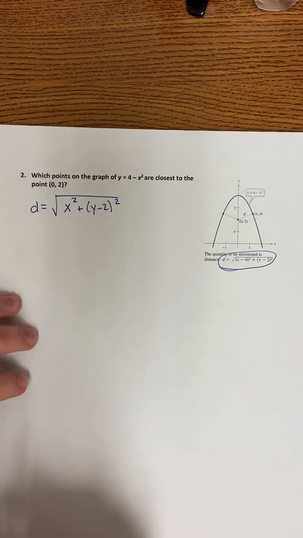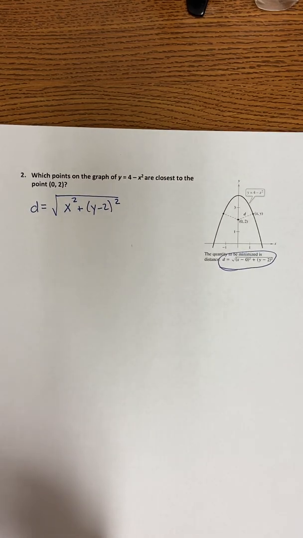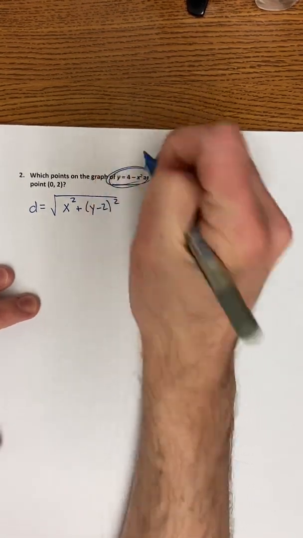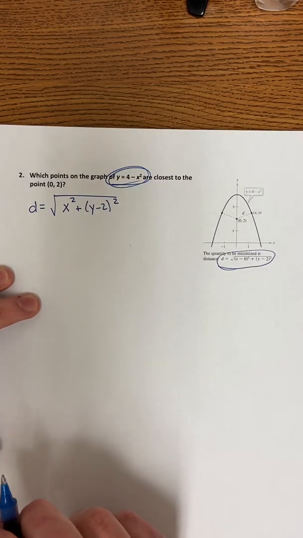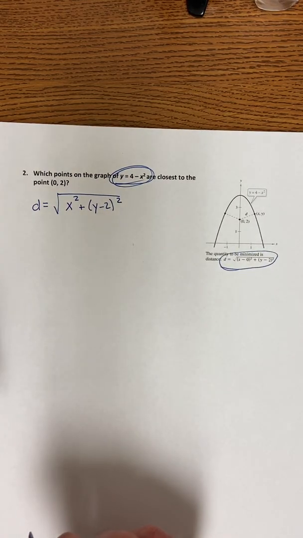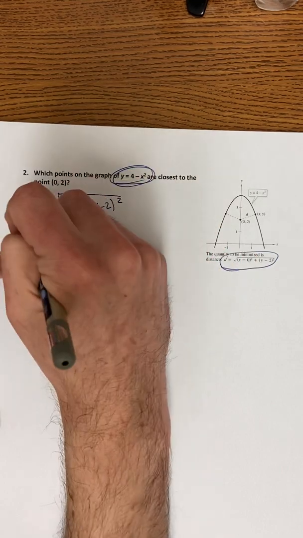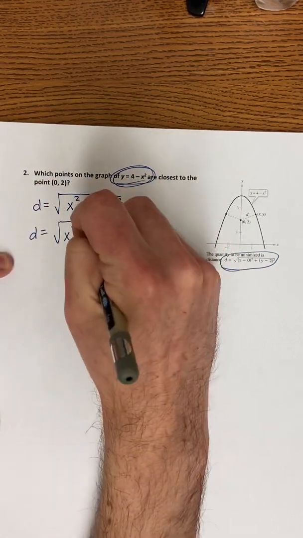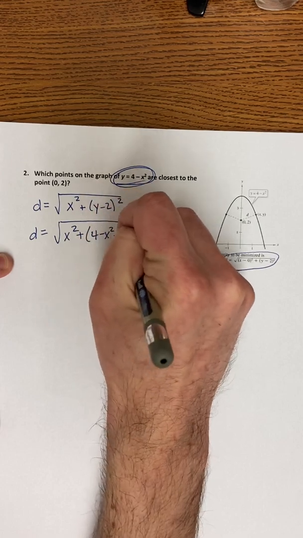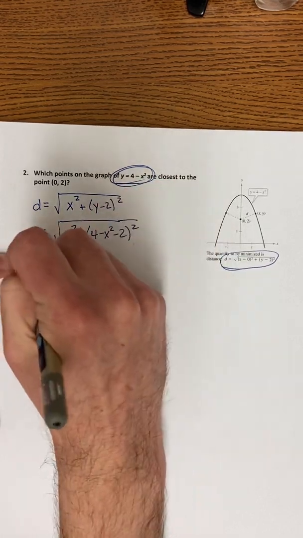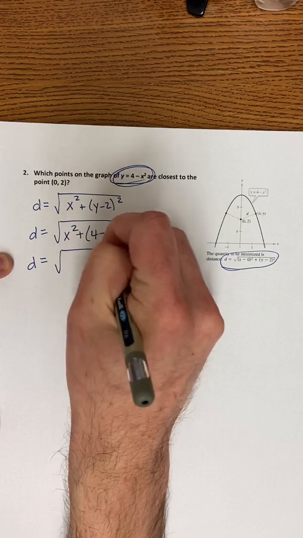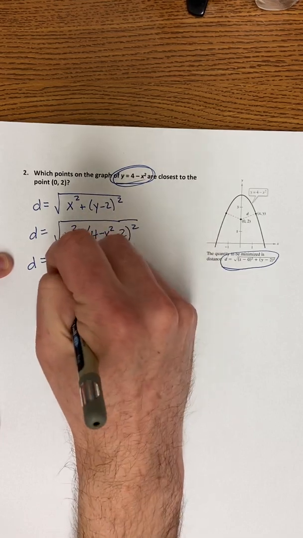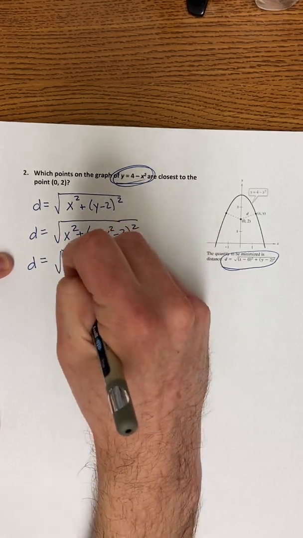And as you can see, that's in 2 variables. But I know a relationship between my 2 variables here, y equals 4 minus x squared, so I can substitute that in for y. So this is now 4 minus x squared minus 2 squared. And if I clean that up, 4 minus 2 would be 2.